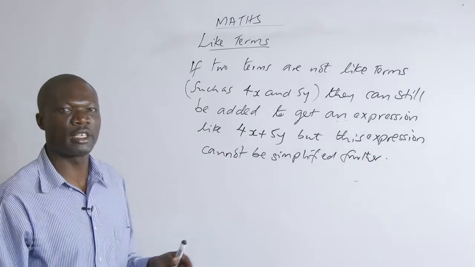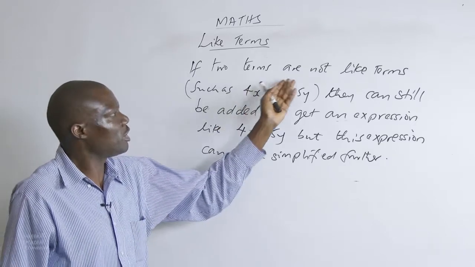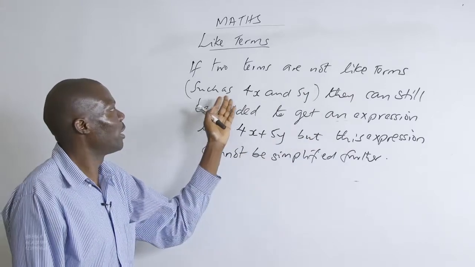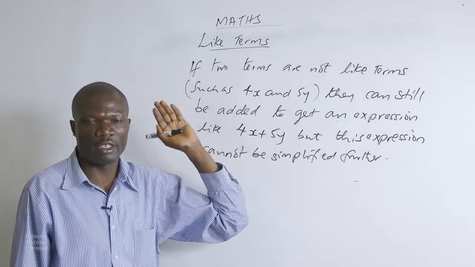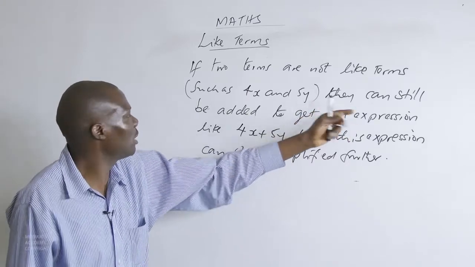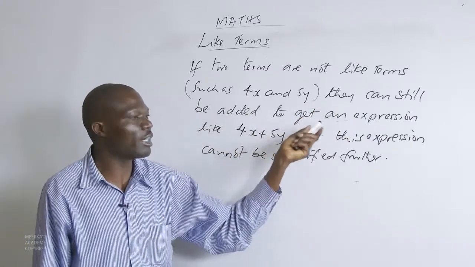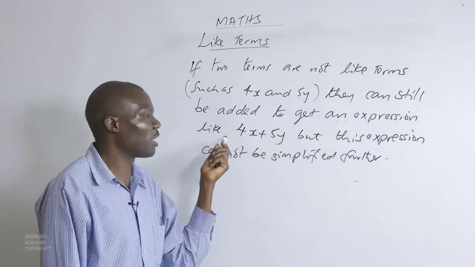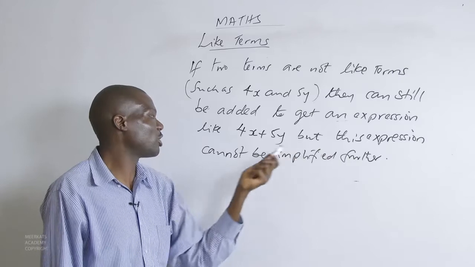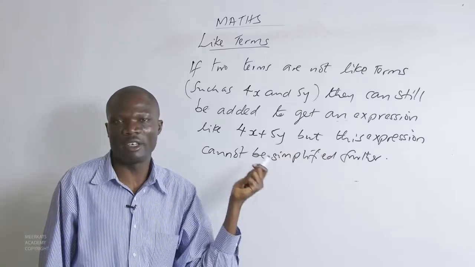Now, we are saying that if two terms are not like terms, for example, 4x and 5y, they can still be added to get an expression like 4x plus 5y, but this expression cannot be simplified further.